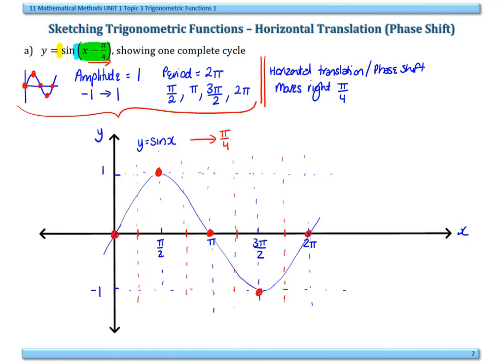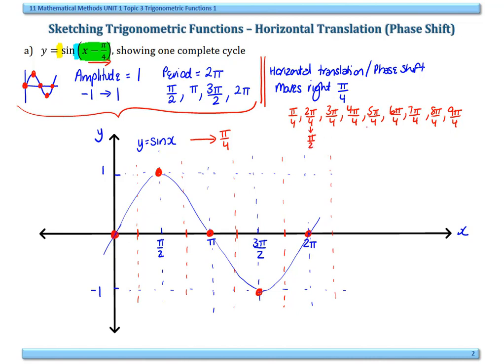Now we want to get our scale right. So if we're starting at pi on 4, we go 2 pi on 4. I know people struggle with fractions, so let's make sure we nail this. You just keep going up by pi on 4 to get that scale. 8 pi on 4 is your 2 pi, but I'm going to go one more because I know I'm translating to the right.